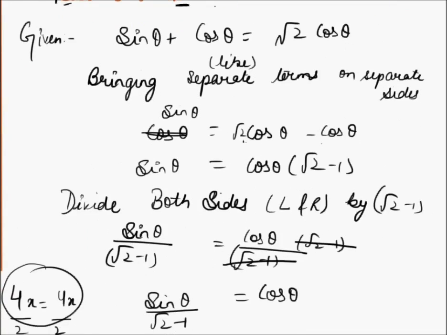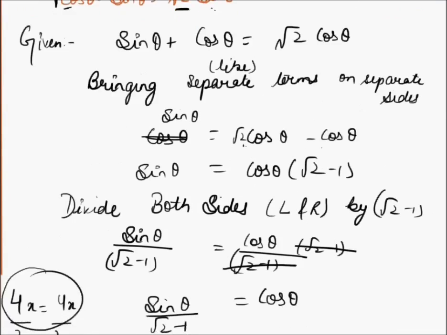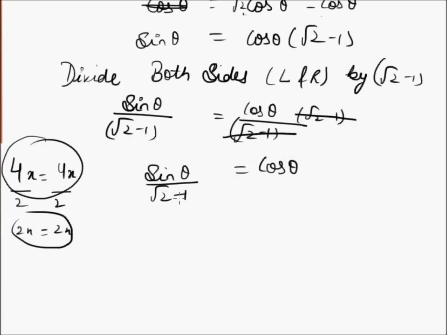Now we need under root 2 as the coefficient with sin theta, but here it is on the denominator side. So what can we possibly do? Either we can multiply and divide the left hand side by under root 2, which will give us under root 2 on top and root 2 into root 2, which is 2, in the denominator.